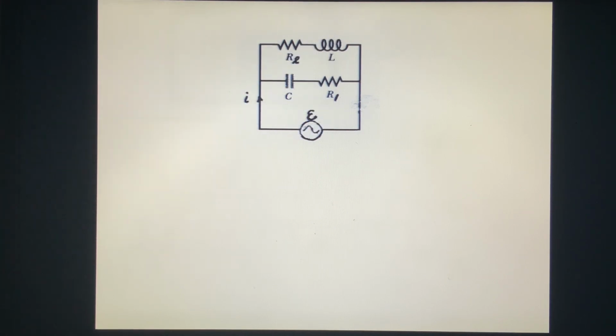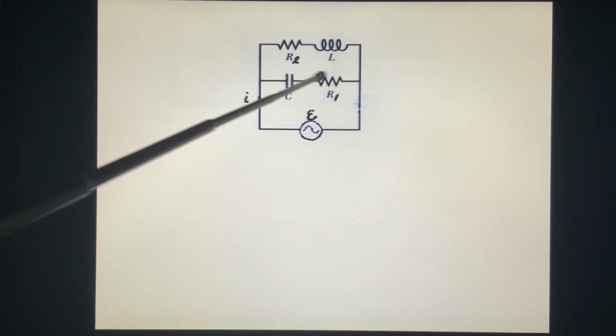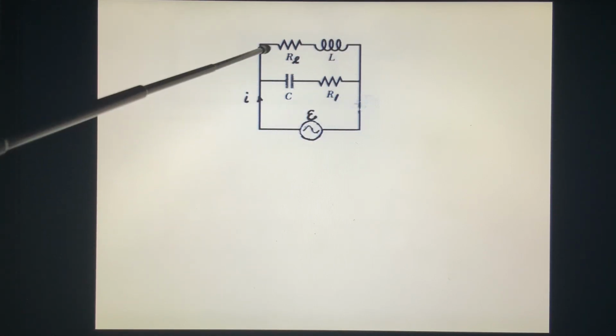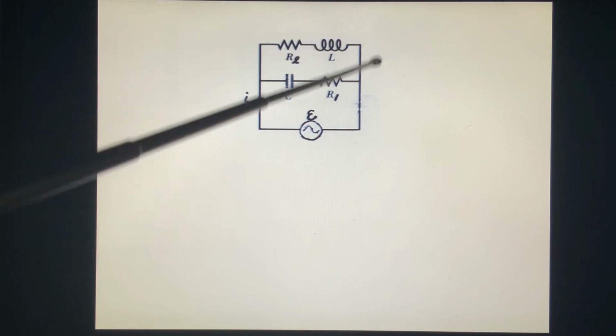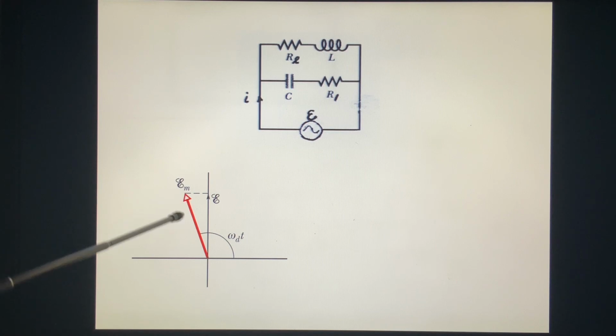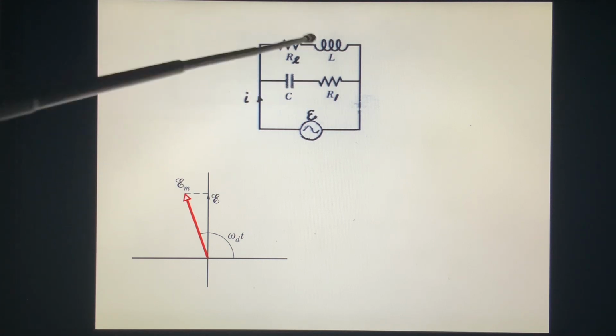Okay, I'll give you some basics for this. In this parallel circuit, this is called circuit 1, this is circuit 2. The voltage in circuit 2 is equal to the voltage in circuit 1. The I is equal to I1 plus I2. So what we do is we take the electromotive force E as a reference, because on both circuits it is the same.